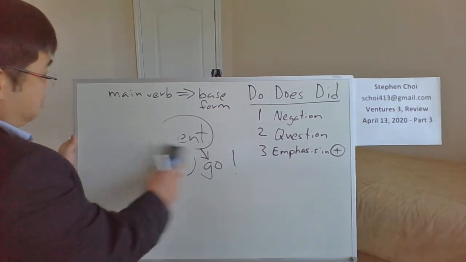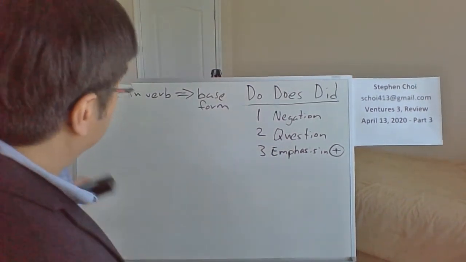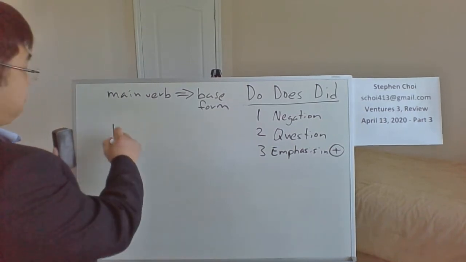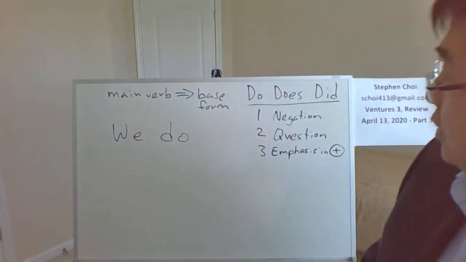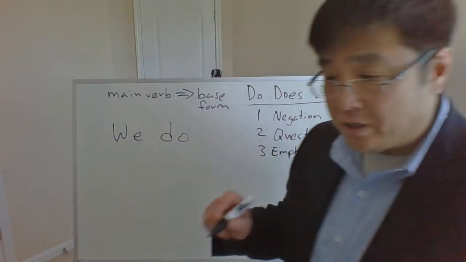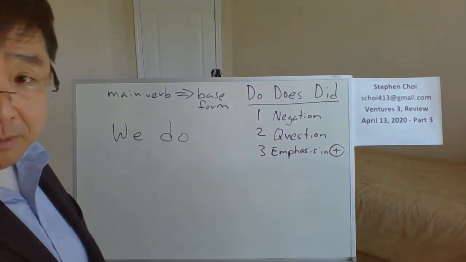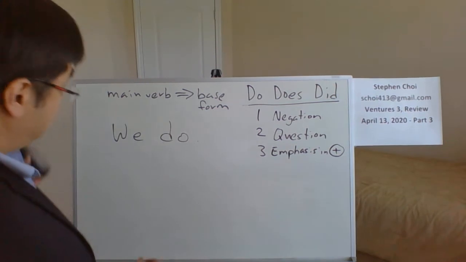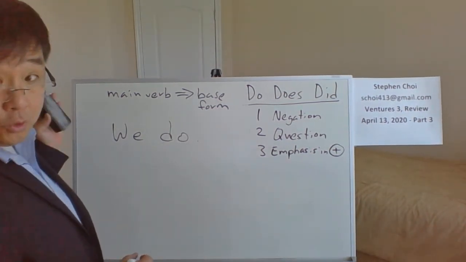All right. Let's do one more. One last one. What if I said, we do? Okay, let me ask you a different question. How do you make that negative? We do. We don't?